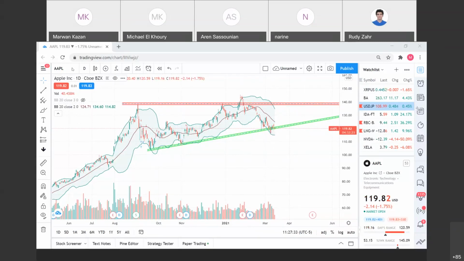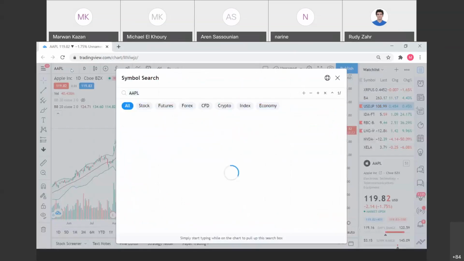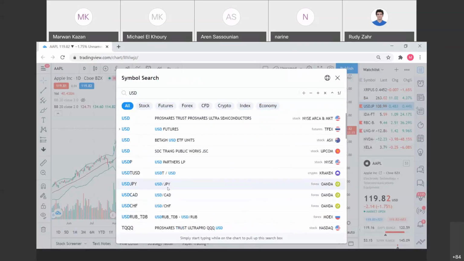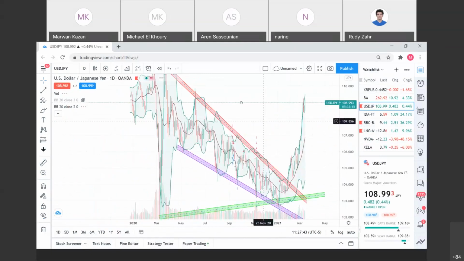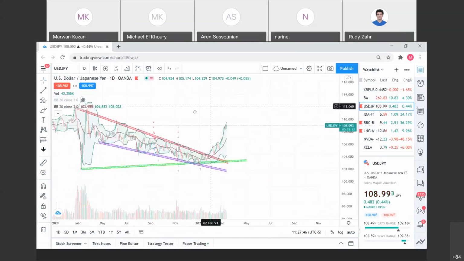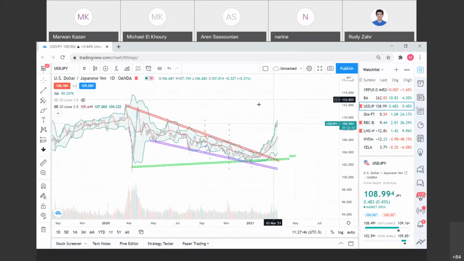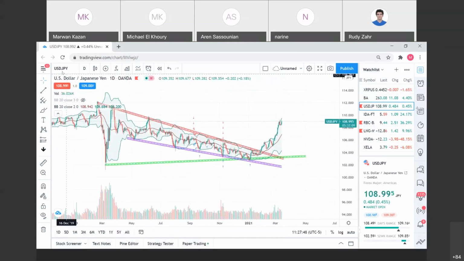The final thing that I want to show you is this wedge. I drew it for my students back in September.